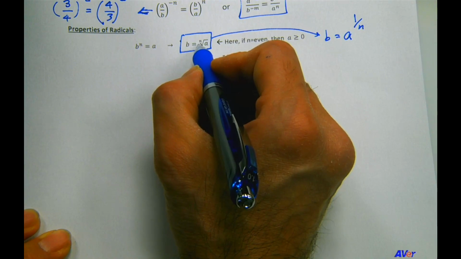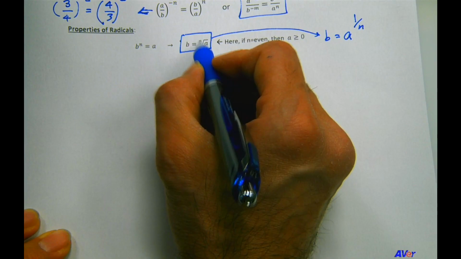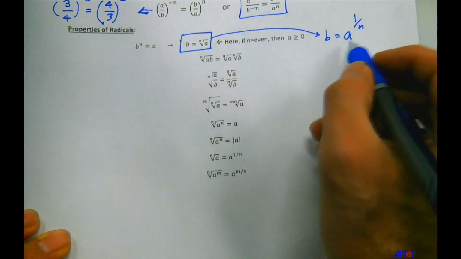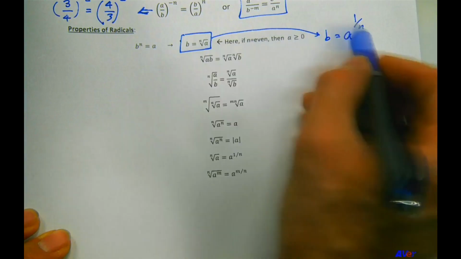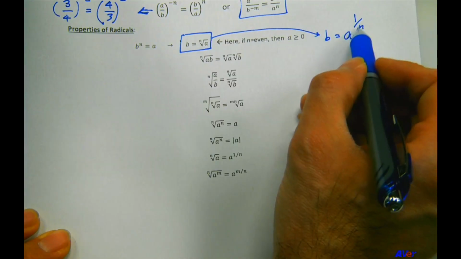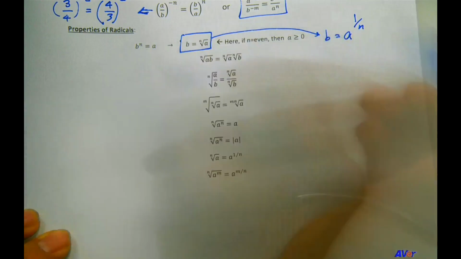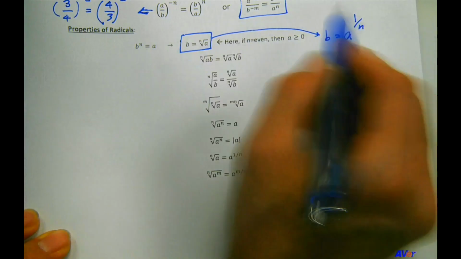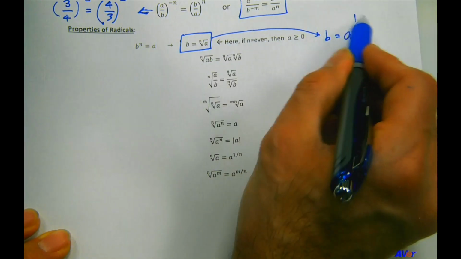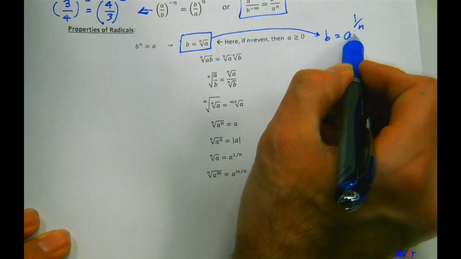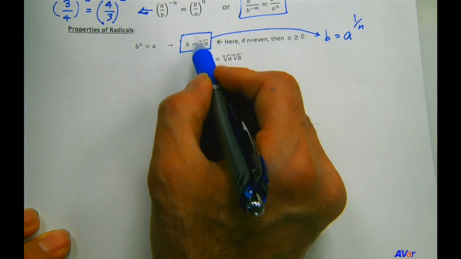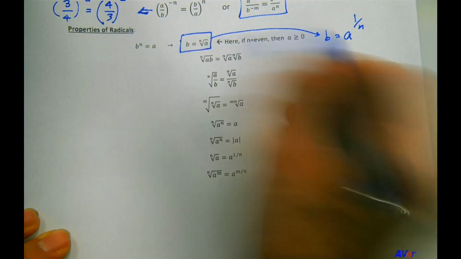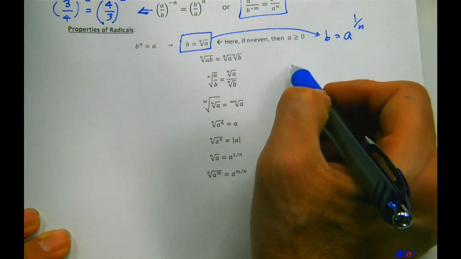Then we have no choice but to write that number as the index, and it's called the index of the radical expression. So the power on the inside divided by the index becomes the fractional exponent that we have. So we can go back and forth between an expression that has a fractional exponent to the radical form, or from radical form to an expression that has a rational exponent.